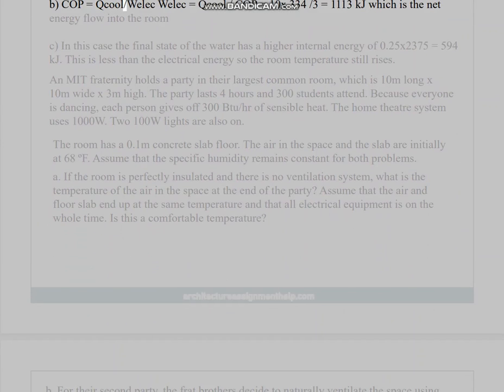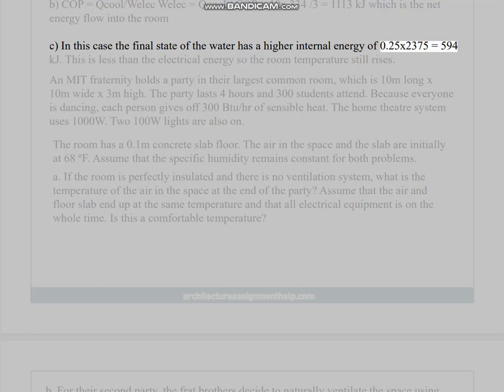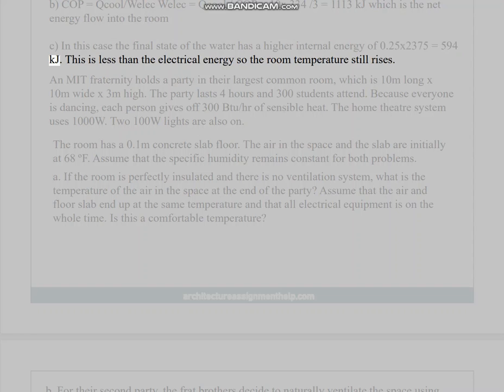B. COP equals Q_cold/W_elec, so W_elec equals Q_cold/COP, which is 10 times 334/3 equals 1113 kJ, which is the net energy flow into the room. C. In this case, the final state of the water has a higher internal energy of 0.25 times 2375 equals 594 kJ. This is less than the electrical energy, so the room temperature still rises.